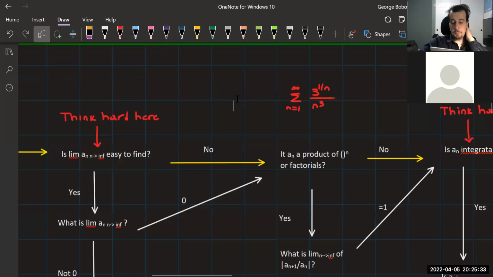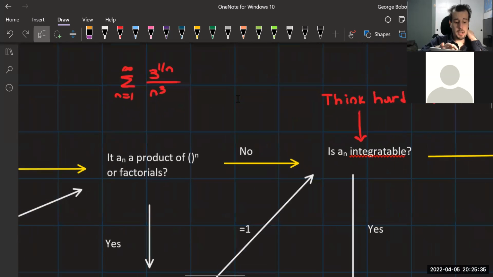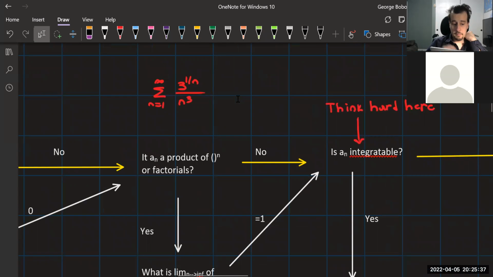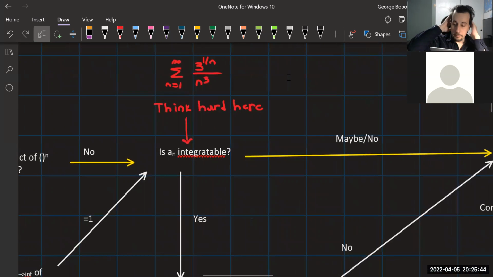So is it a product of factorials or these brackets again of n? No. Is it easily integrable? Maybe. Again, I don't see any u sub that could work here.